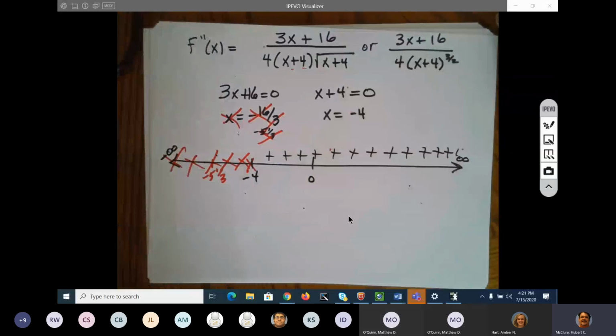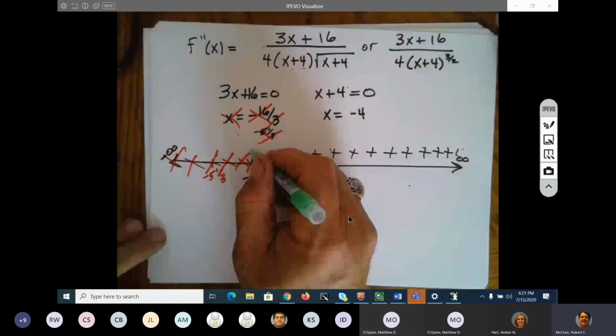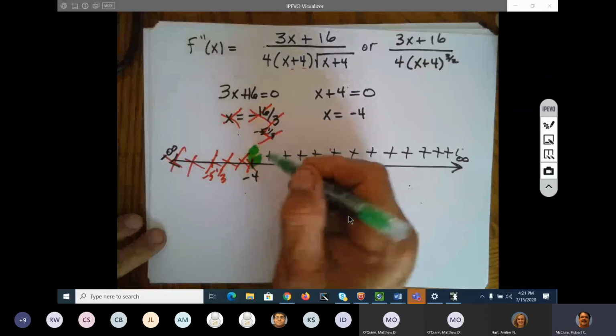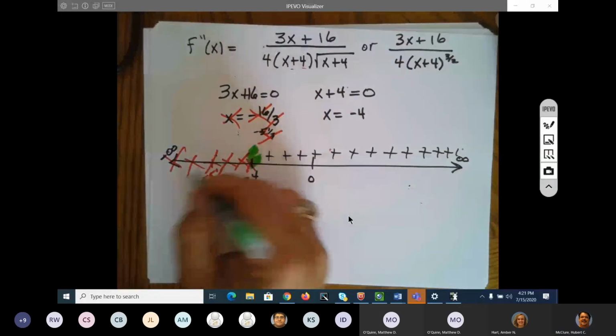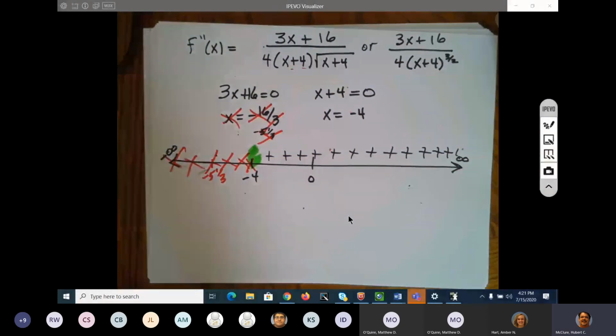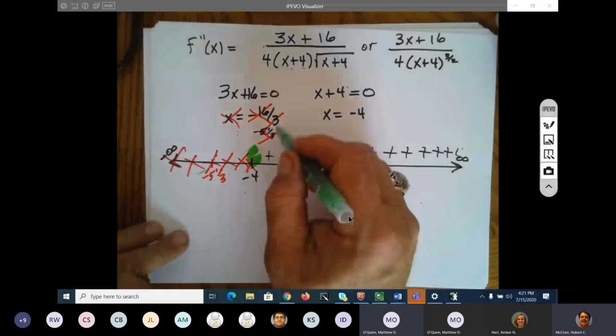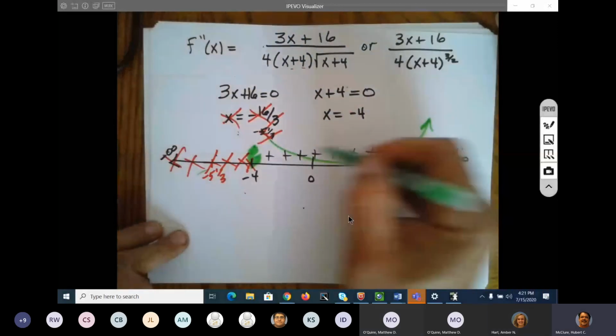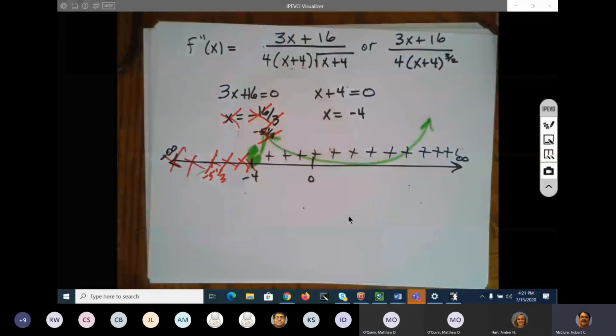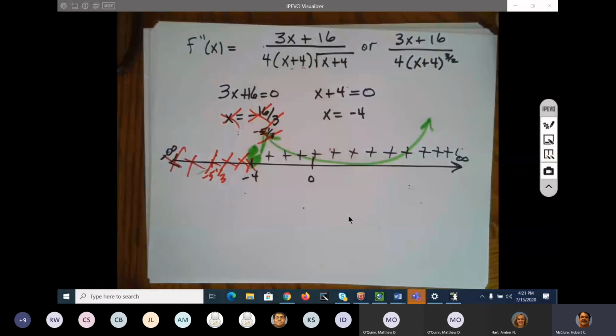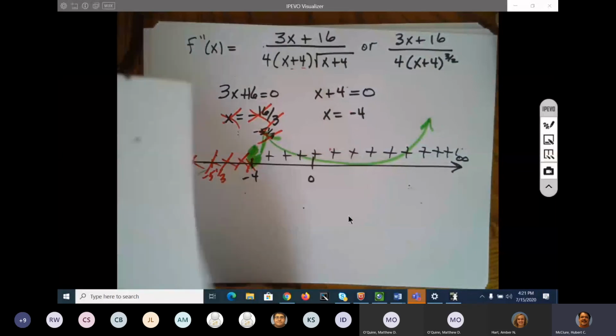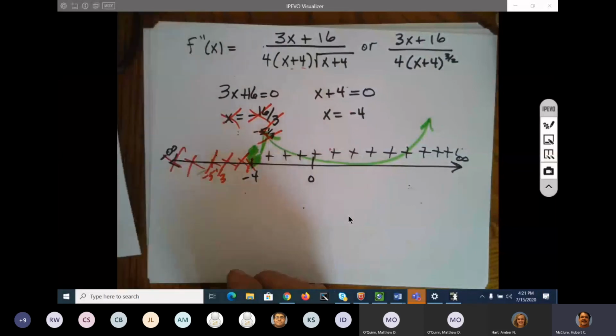Remember, negative 4 is our inflection point. So we've got nothing over here because this doesn't exist. So we've got concave up. And from our previous number line, we've got nothing at negative 4 and then a decrease with an increase.